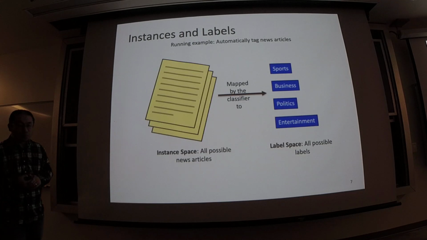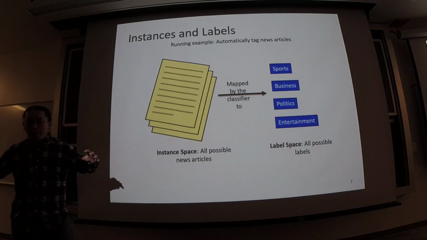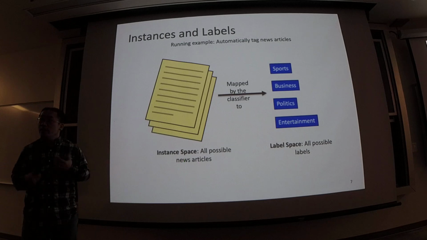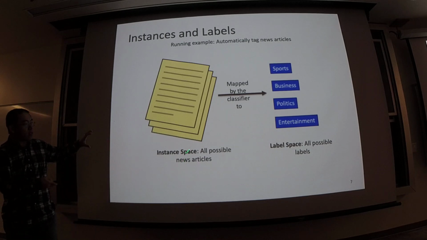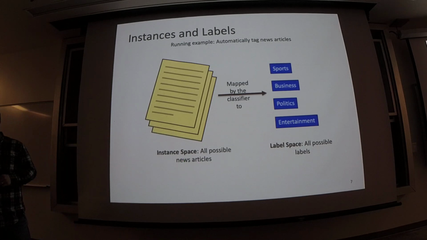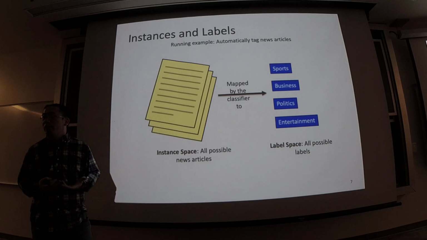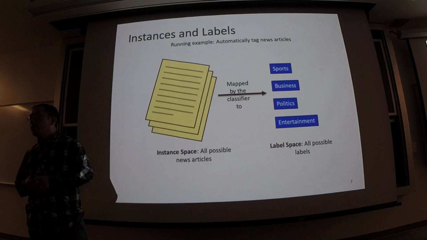So obviously, we can collect all possible news articles. We refer to them as the instance space. So basically, instance space means all kinds of articles that I need my program to tag or classify, right? And similarly, I need to identify all possible labels I could give those articles, right?